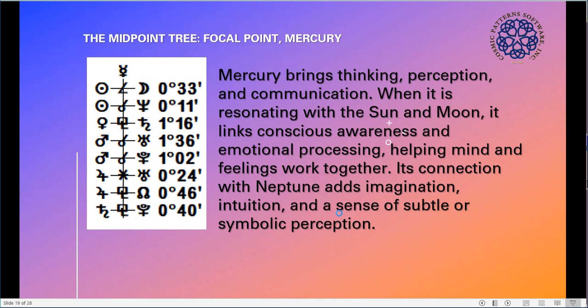It vibrates this energy. When it's resonating with the Sun and Moon, it links conscious awareness and emotional processing, helping mind and feelings work together. Its connection with Neptune adds imagination, intuition, and a sense of subtle symbolic perception. See how powerful that is.